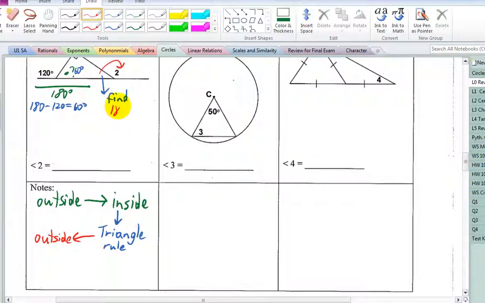So this one will be 180 minus 90 minus 60, which equals 30 degrees. So you have to do 2 pieces of work, and now you can find angle 2. Angle 2 equals a straight line, right? A straight line's 180 minus 30. So it's going to equal 150 degrees.